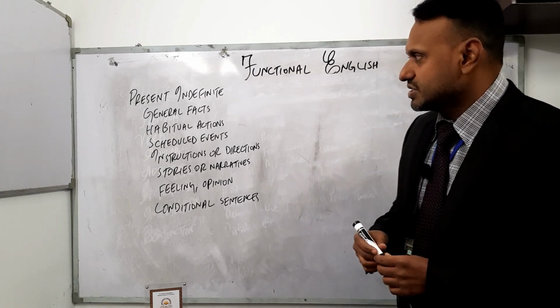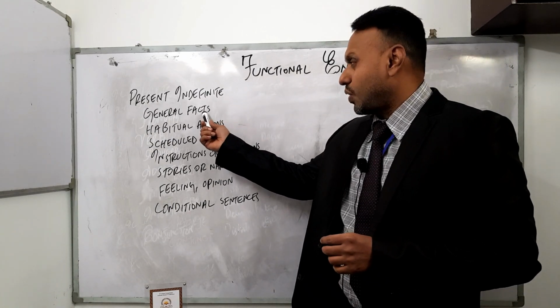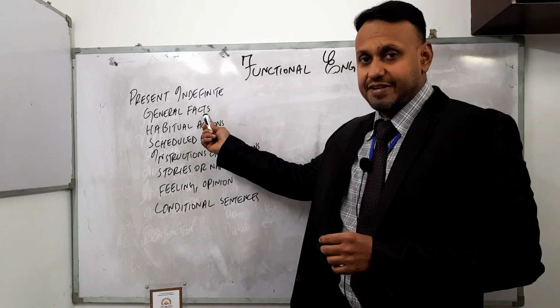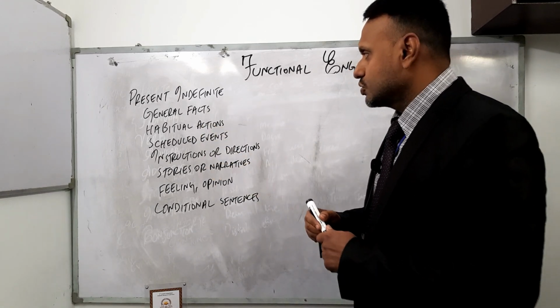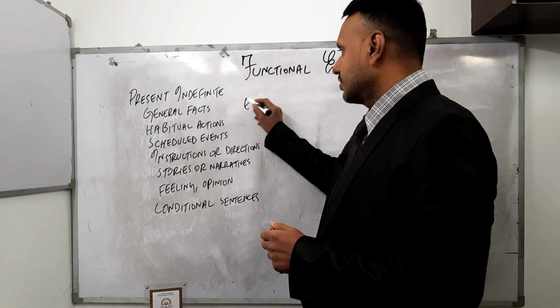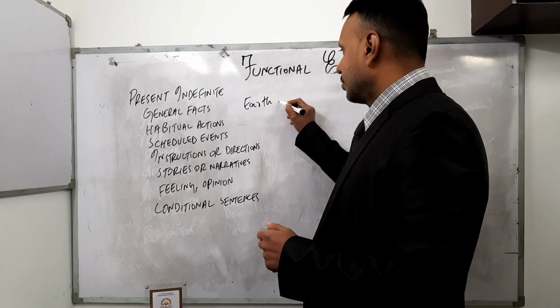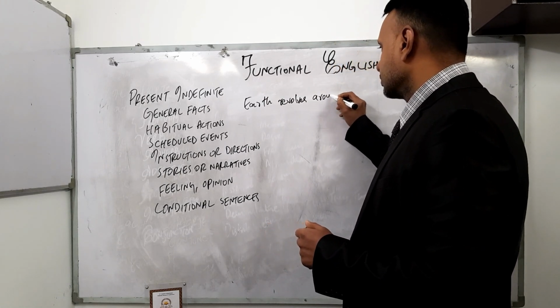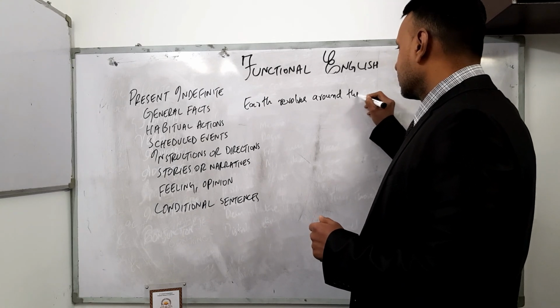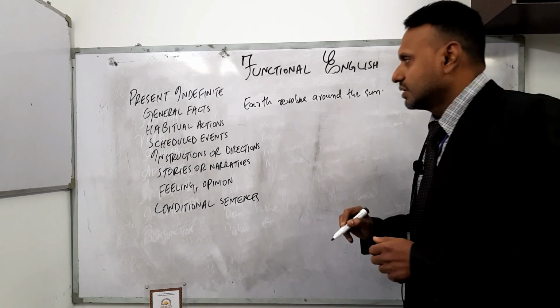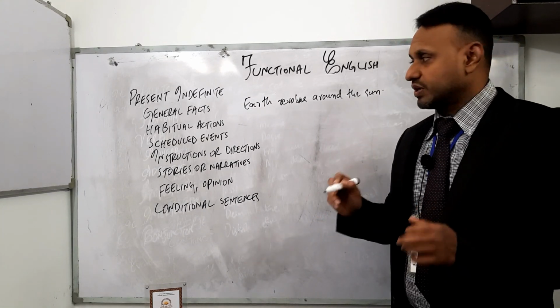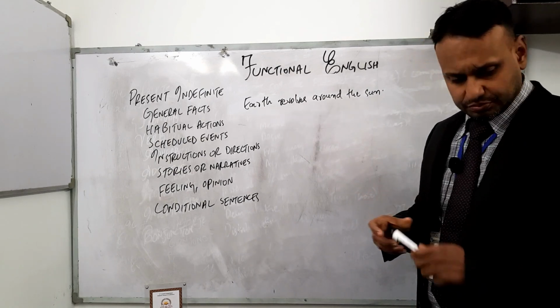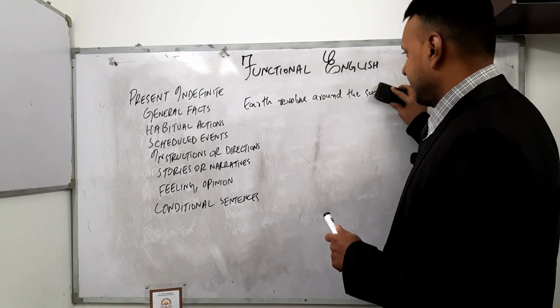One of the conditions where we use present indefinite is when we have to express general facts. For example, if I was to write a sentence here, Earth revolves around the sun. That's a general fact. That's one condition where we want to use present indefinite.